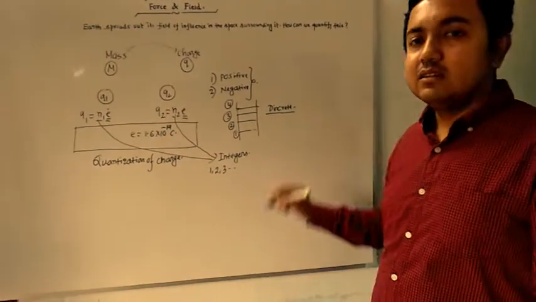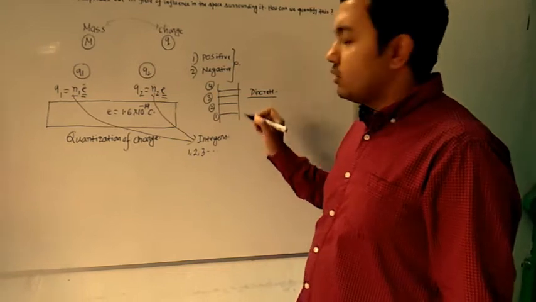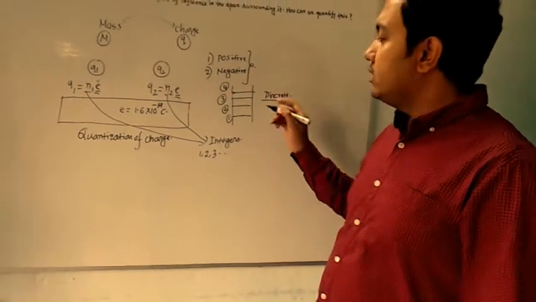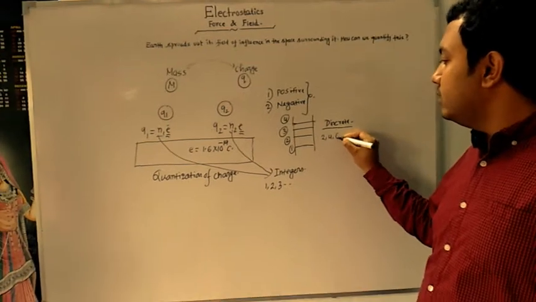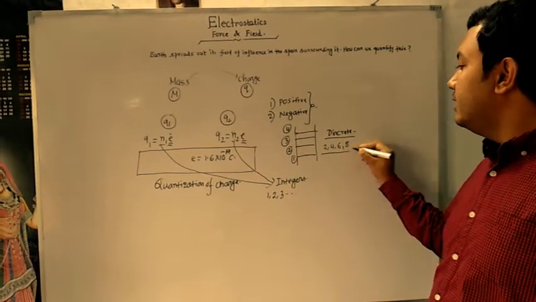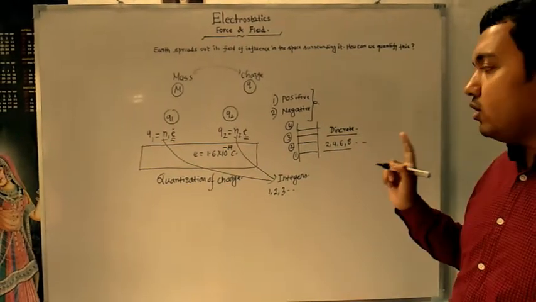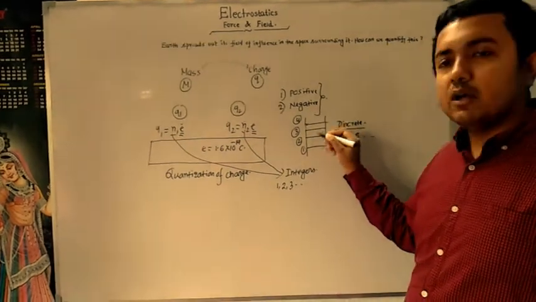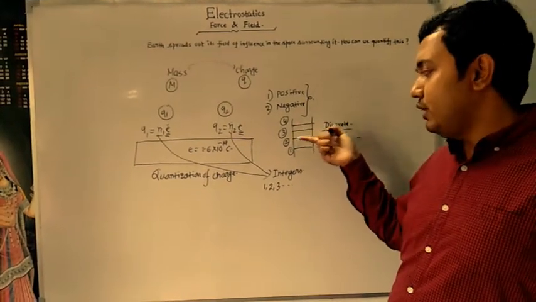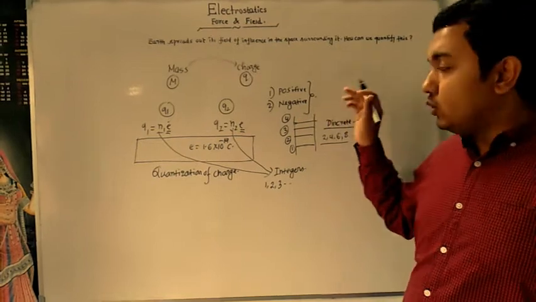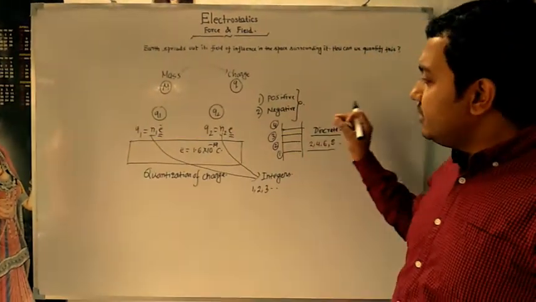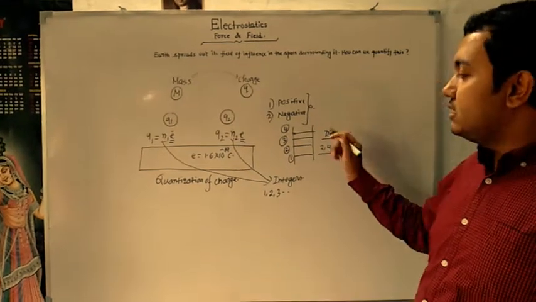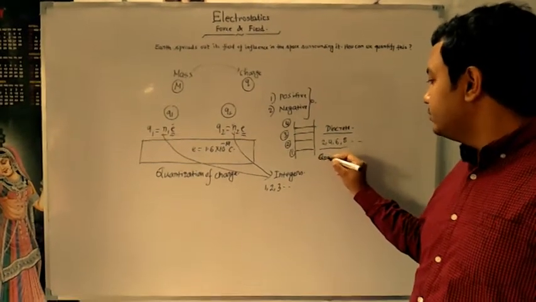If I say that you can put your leg only on the even-numbered rungs, that is the second rung, fourth rung, sixth rung, eighth rung, etc., then you cannot put your leg on the odd-numbered rungs, that is 1, 3, 5, etc. So I impose an external condition on the discreteness of this system, then the system is called quantized.